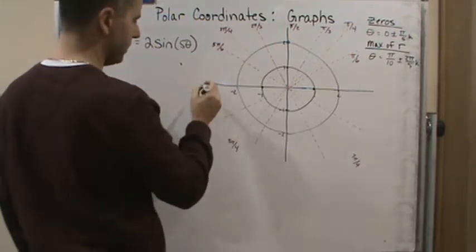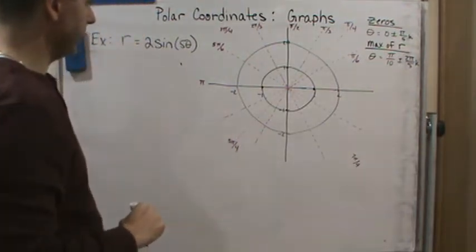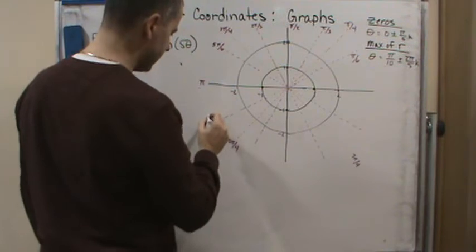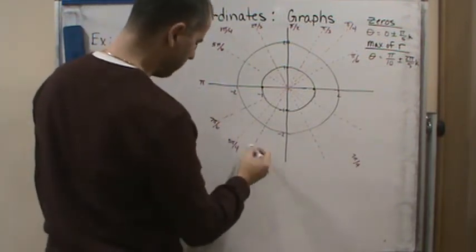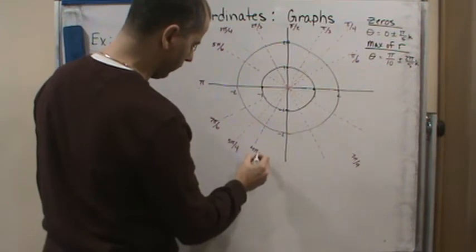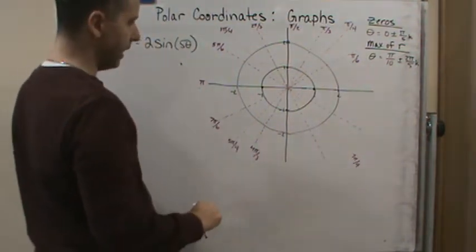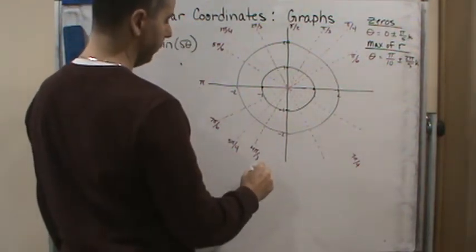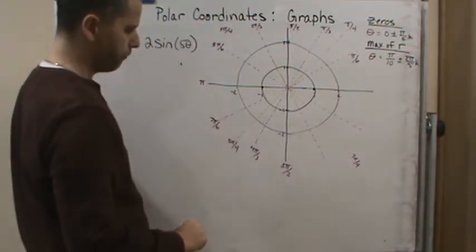And then, of course, this is going to be pi, 6 pi over 6, which is pi. And then we got 7 pi over 6, 8 pi over 6, or 4 pi over 3. Okay? And then we've got 3 pi over 2 right here.